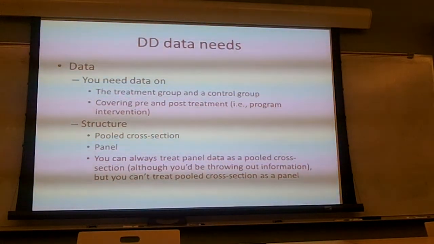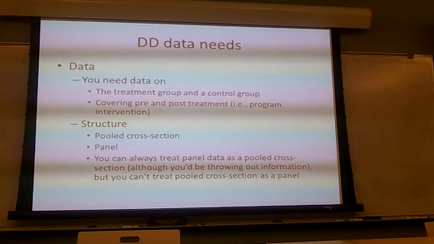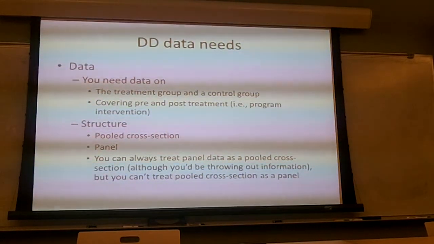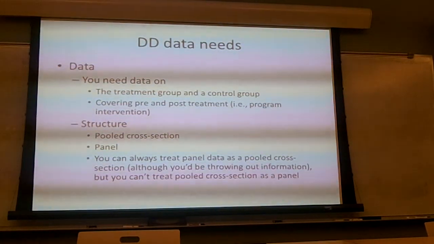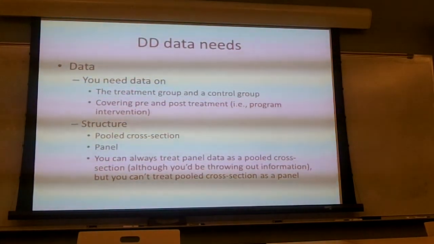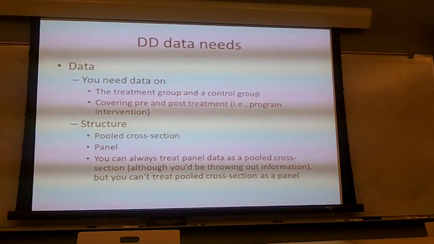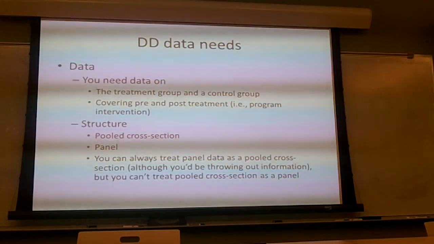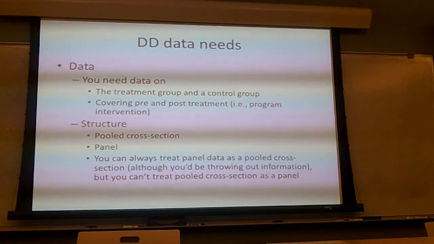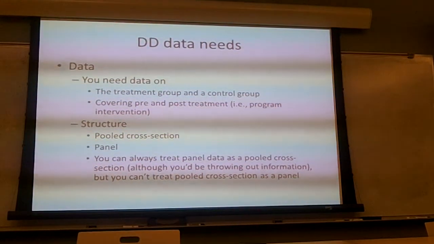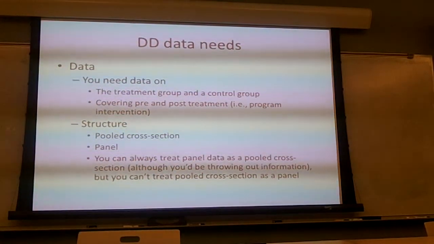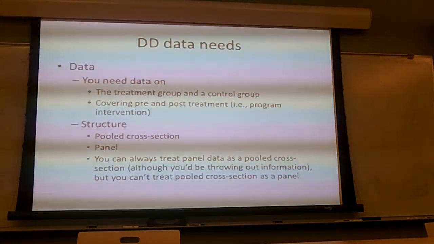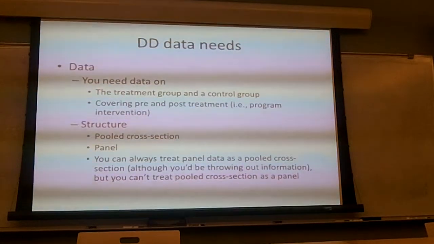So in terms of structure, we could either use pooled cross-section or panel data. Just to remind you, pooled cross-section means we may not have the same observations from the pre-period and post-period. What if we're doing something like national surveying at the state level? We're getting state level data, and we want to do surveys every year. We may not survey the same people in each state, but we have data reflecting the distribution in Pennsylvania in the pre-period and the distribution in Pennsylvania in the post-period.